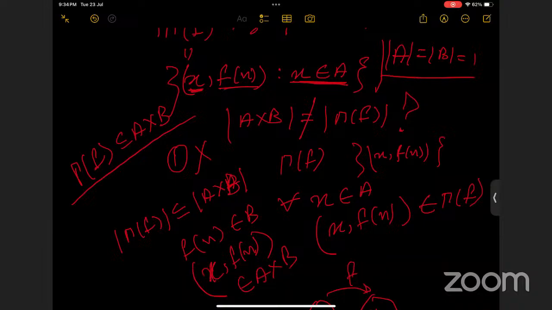So if you want both options to be correct, that it is less than or equal to A cross B, and it is also the same as A, the cardinality will be the same as A, because for each x belonging to A, we will find some corresponding point (x, f(x)) in the set gamma f, right? It will be equal when the cardinality of B is 1.